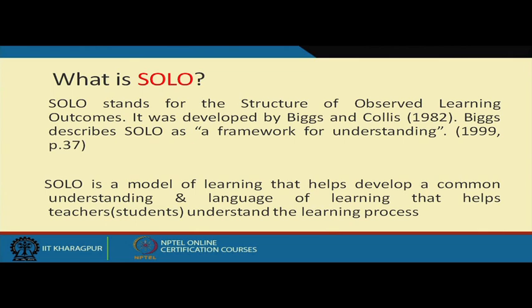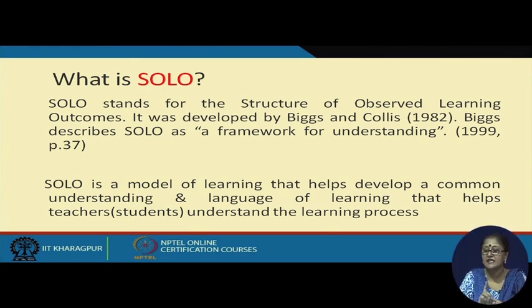It is a model of learning that helps develop a common understanding and language of learning, which helps teachers understand the learning process. How to evaluate the question paper or the learning process, this taxonomy is very important.